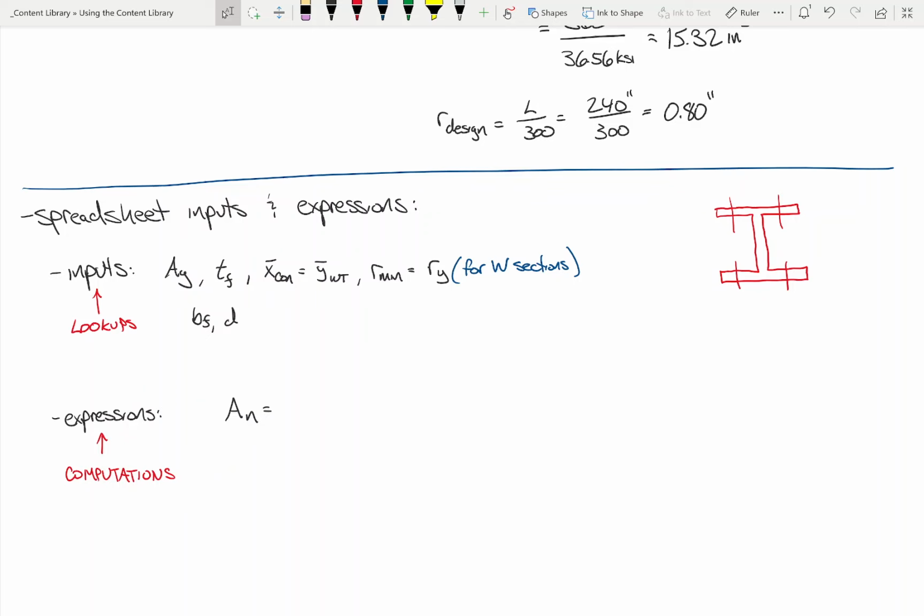What's my expression? AG minus the sum of thickness times effective diameter. I'm looking for something more specific. We know this is 0 for this problem. How many holes are there? 4, right?